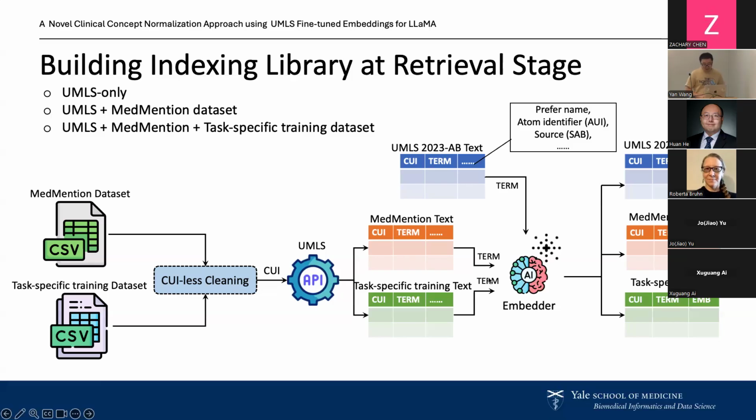It is noted that the UMLS 2023 AB itself serves as the text index, so we only convert the mention and task-specific training data to the UMLS format. Finally, we feed all the terms into our embedder to generate the embeddings and construct the embedding index.